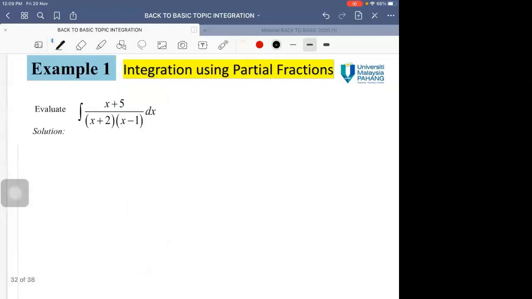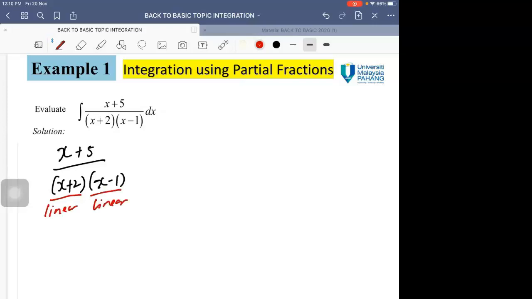A over x plus 2, plus B over x minus 1. Okay, good. Thank you. Very good. Since you have x plus 2 multiplied by x minus 1, you have a multiplication of two linear factors. This is linear, and this is also a linear factor.